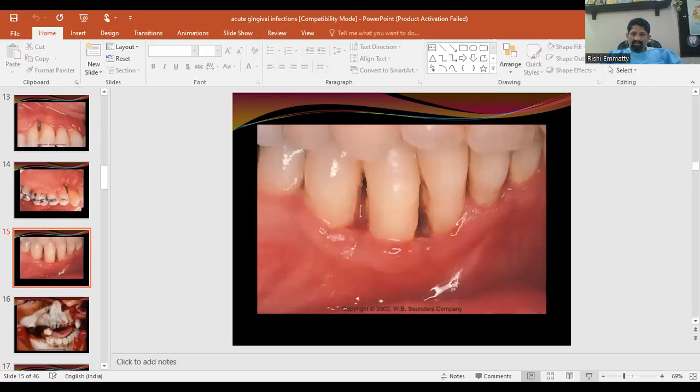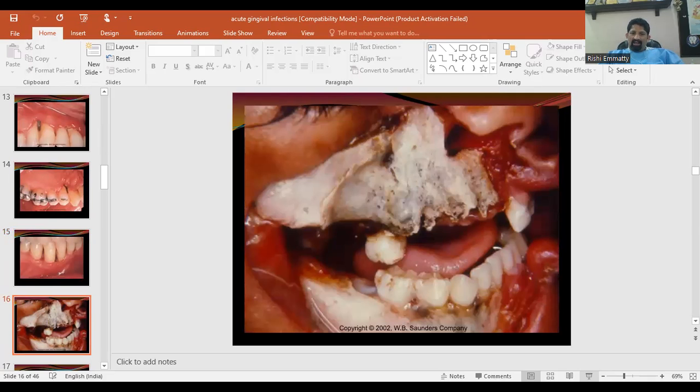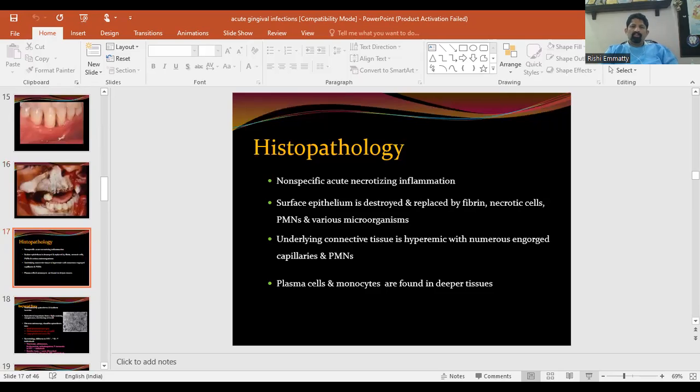The lower anterior cases, the sloughing in later stages affected the attached gingiva of the lower anteriors, as we told earlier. And next is cancrum oris or noma. It affects the bone. There is necrosis or gangrene of the underlying periodontium or underlying bone. You can see the upper and lower areas. So what is the histopathology of NUG?